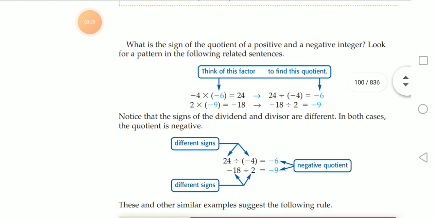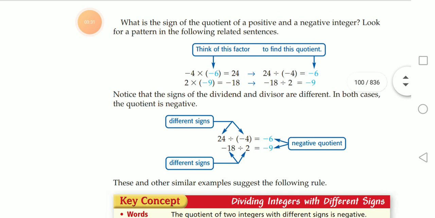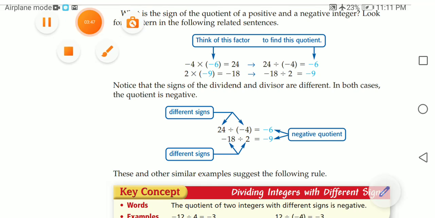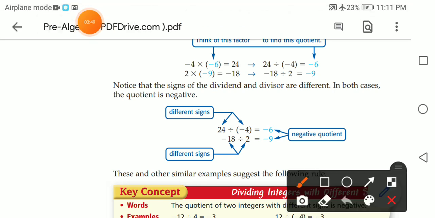What is the sign of the quotient of a positive and a negative integer? Look for a pattern in the following related sentences. Negative 4 times negative 6 gives you 24. So 24 divided by negative 4 gives you negative 6.